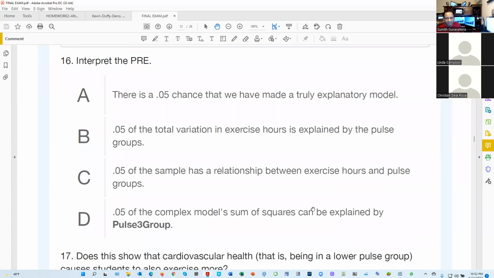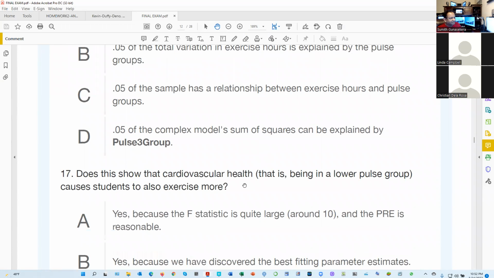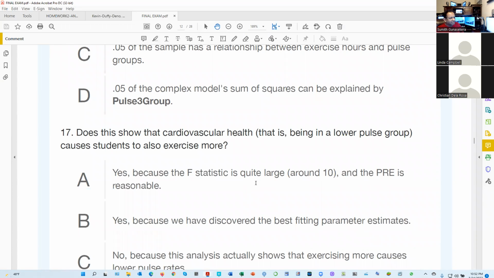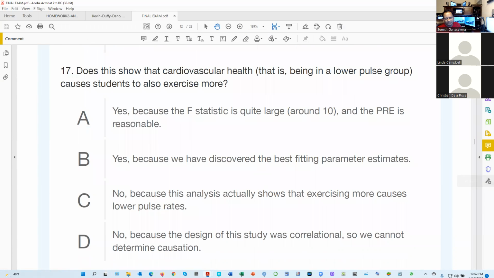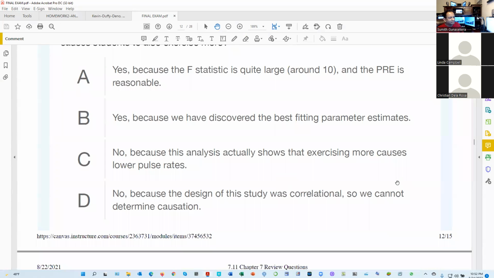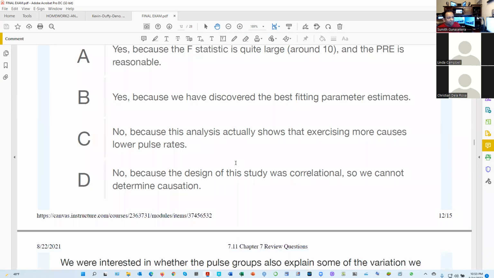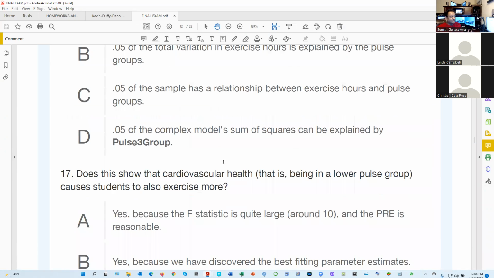So 16B and 17. Does this show that cardiovascular health, that is being in a lower pulse group, causes students to also exercise more? No. That's D. No, because the design of the study was correlational, so we cannot determine causation. We can speak of some kind of correlation between the exercise and the pulse.